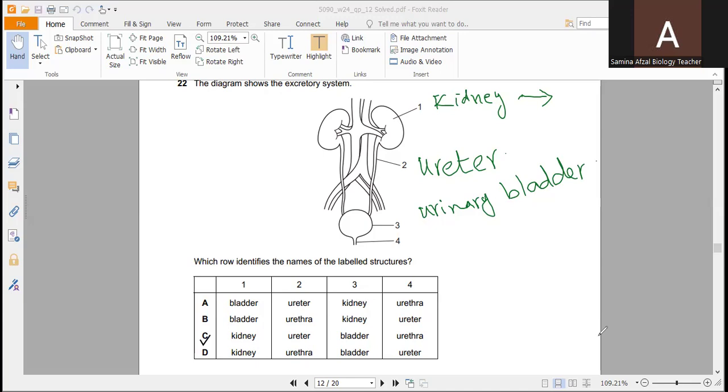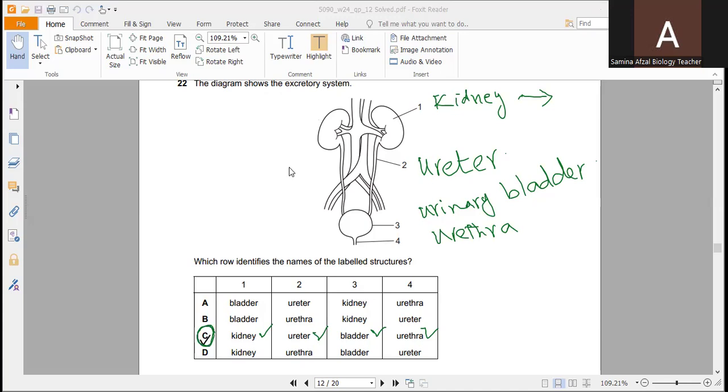And number 4 is urethra, through which the urine is excreted out of the body. So at 1 is kidney, at 2 is ureter, at 3 is bladder, and at 4 is urethra. So according to this, C is the correct statement.